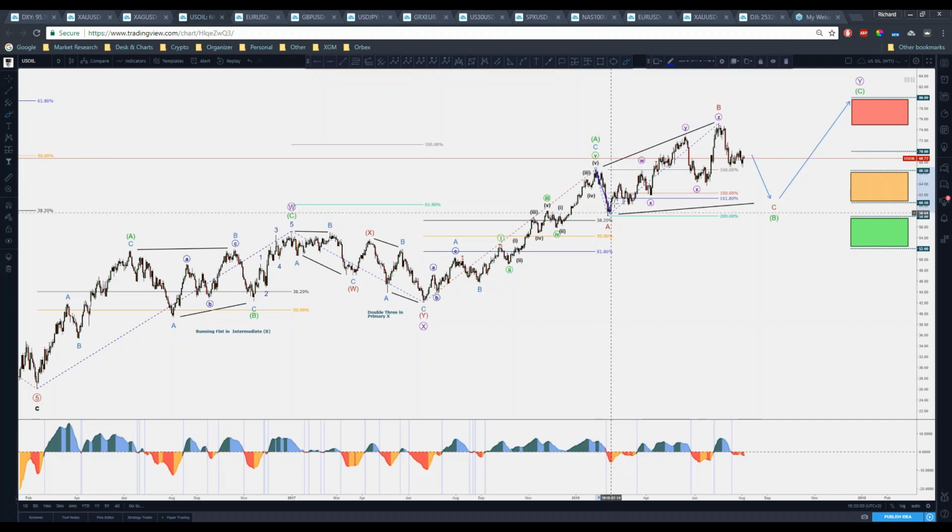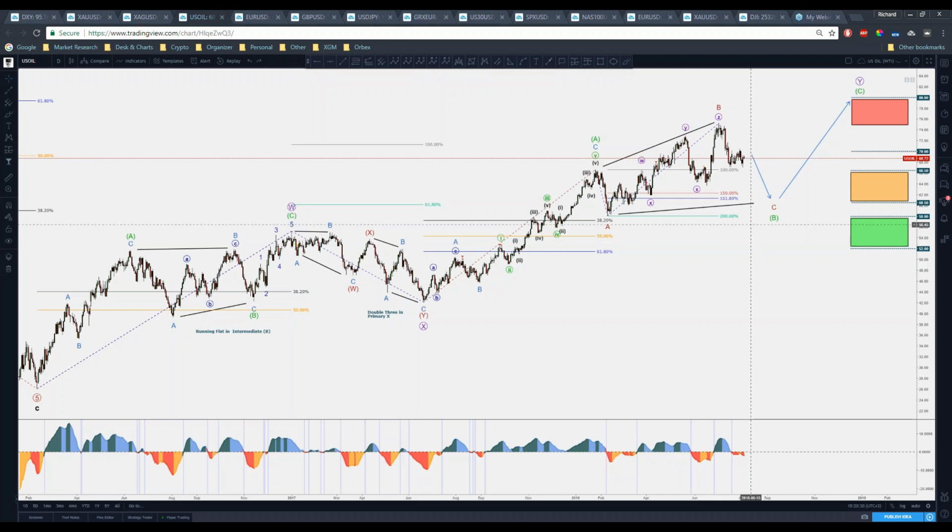I'm labeling this as either a running flat or an expanded flat, because wave B went beyond the start of wave A, red. Now, a running flat would not go beyond the start of wave B, the end of wave A, for this C. So this C would not go there, but an expanded flat could.